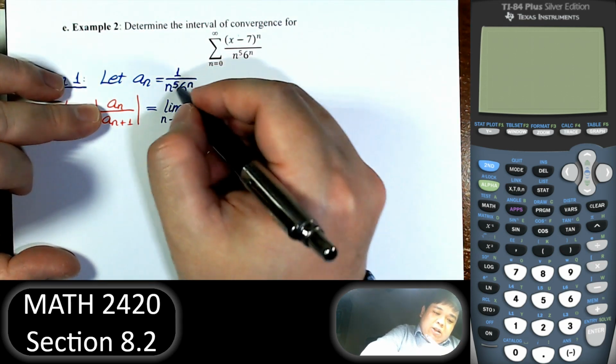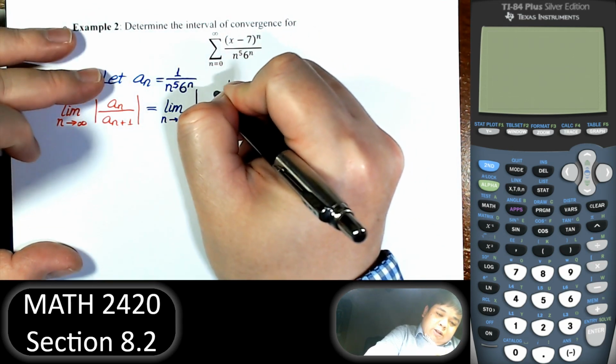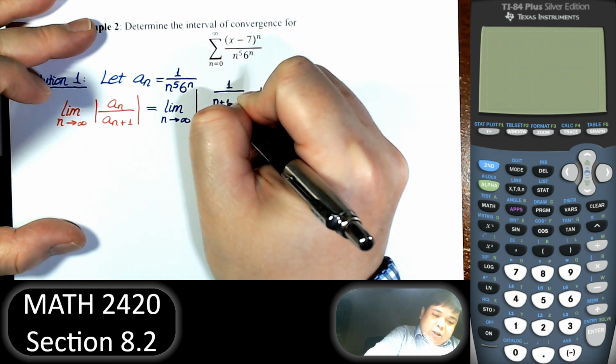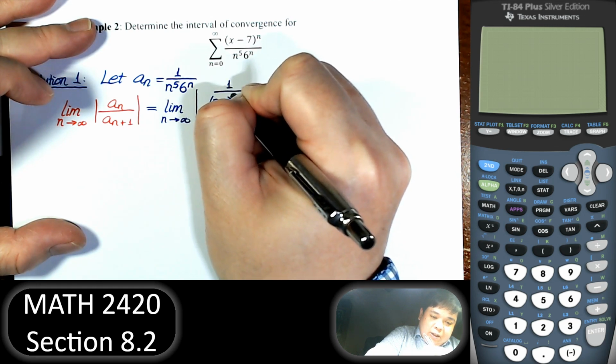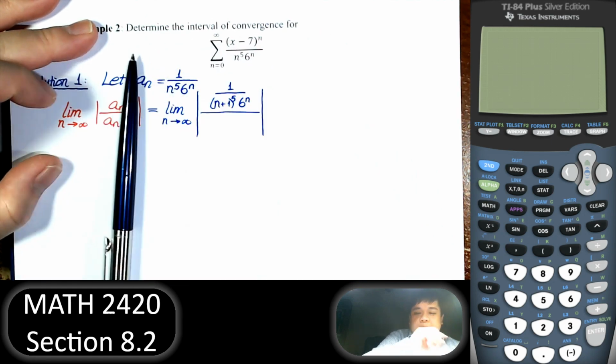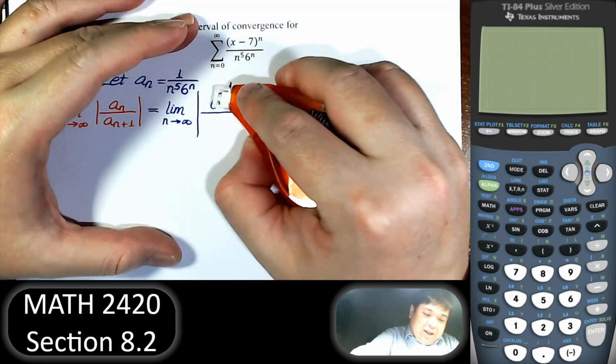A sub n is going to be this, 1 over n plus 1 to the 5th and 6 to the n plus 1. This is a sub n, right?